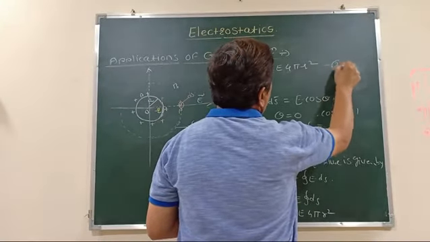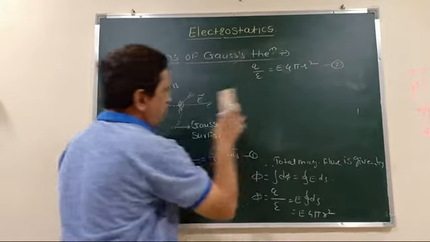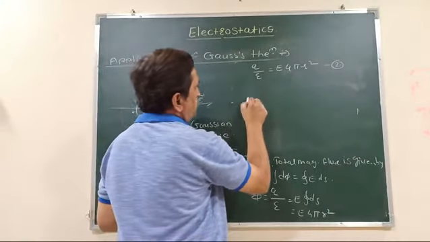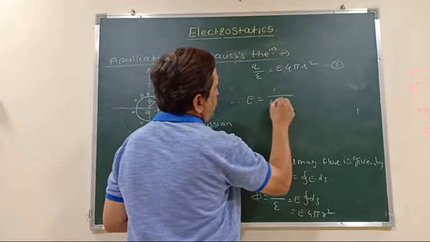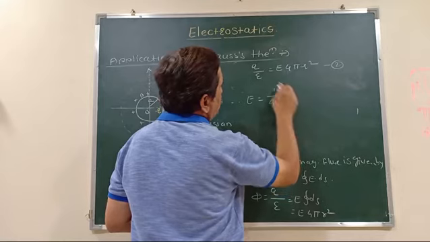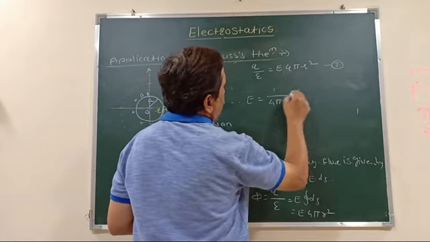Give it equation number 2. Therefore, E is equal to 1 divided by 4 pi epsilon into r square.